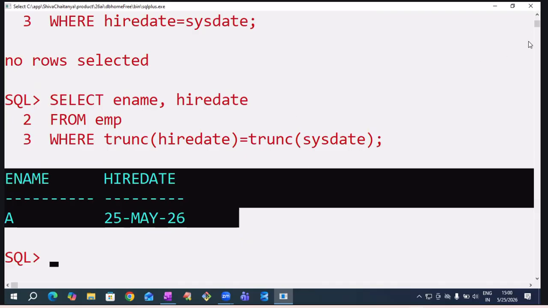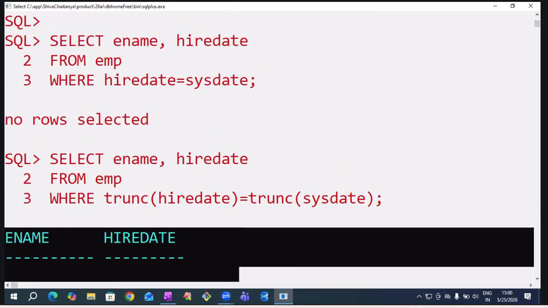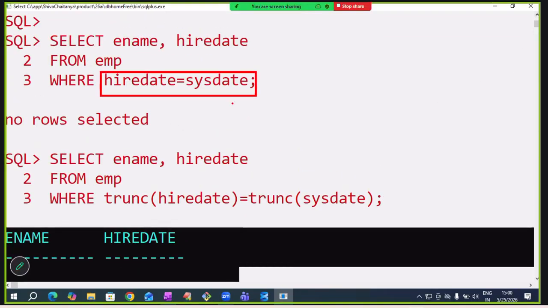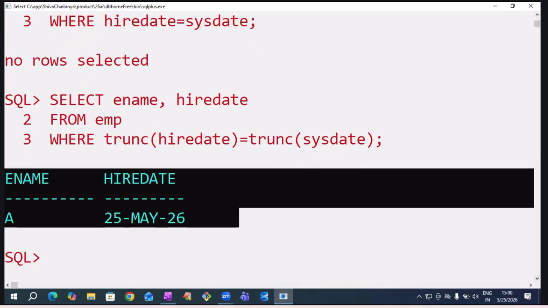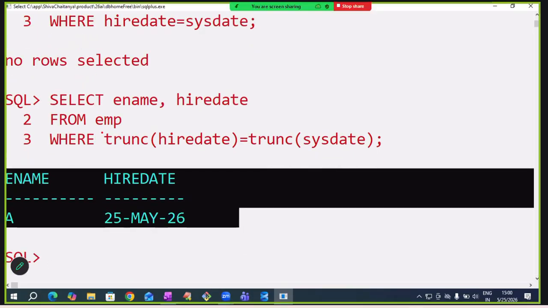Most of the students make this mistake. For "who joined today", most of the students blindly write like this. Then the interviewer sees the output, you're not getting the correct output, right? He asked for the correct query, so this is the correct answer. Date also contains time. Remove time and then do the comparison.